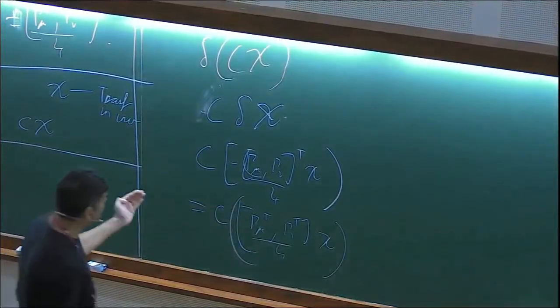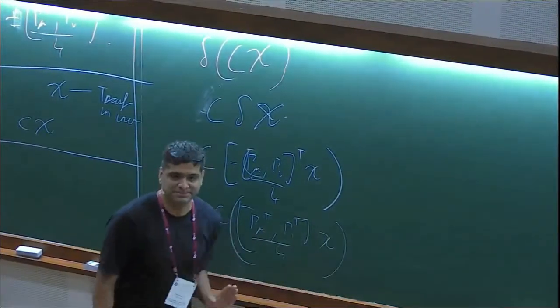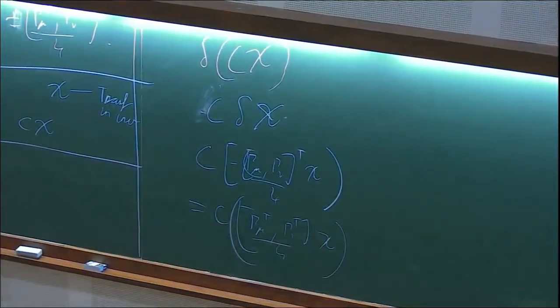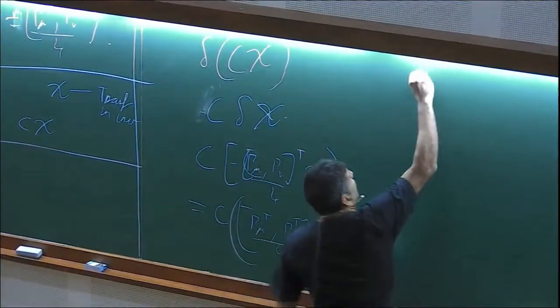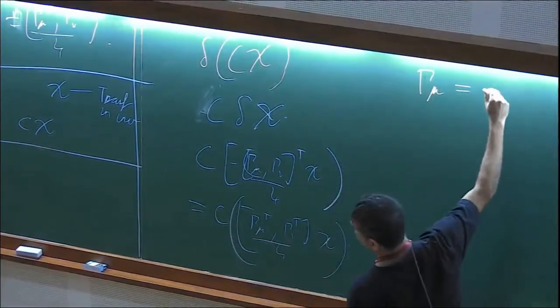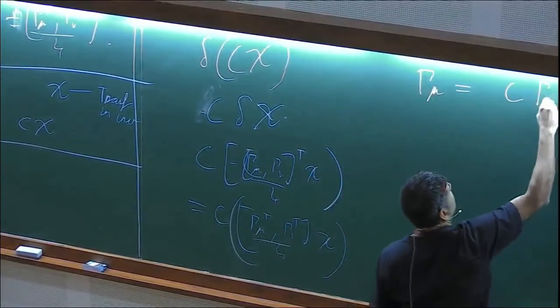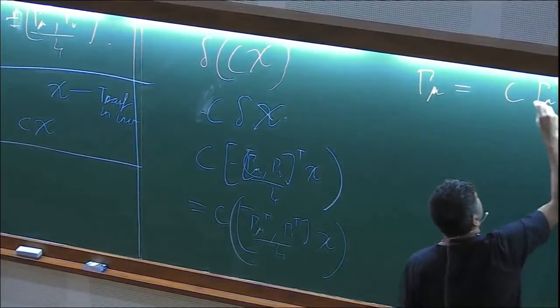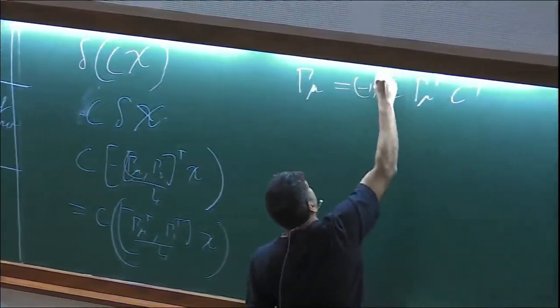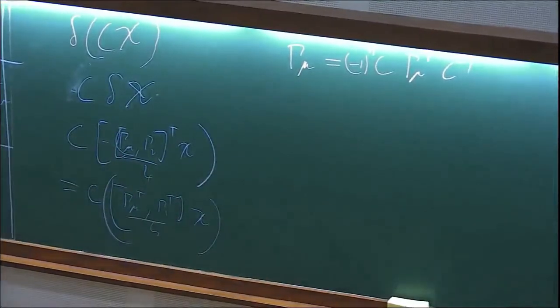Okay? But now I take the C through the gammas. I do that by rewriting this relationship as gamma mu equal to C gamma mu transpose C inverse with a minus 1 to the power n, just by multiplying this side by C and this side by C inverse.